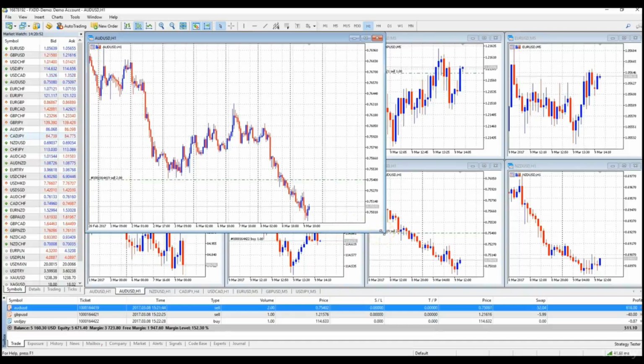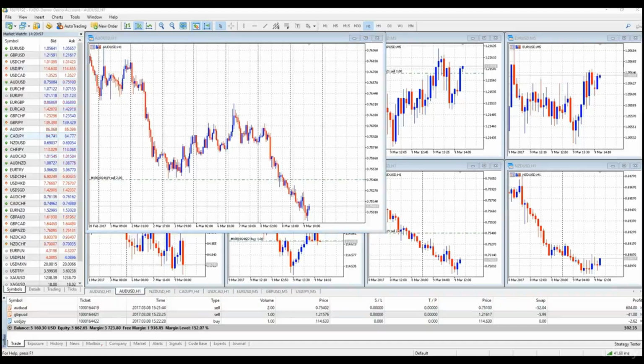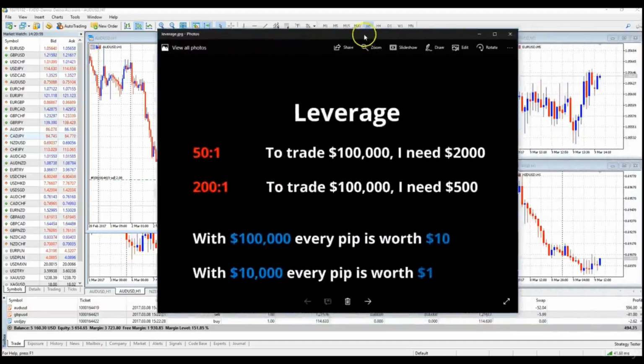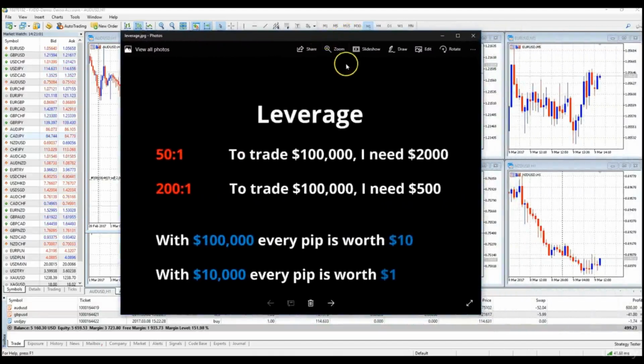Now, let me explain margin, and I'll just pull up the diagram again. So if I wanted to trade $100,000 with 200 to 1 leverage, I would need $500.